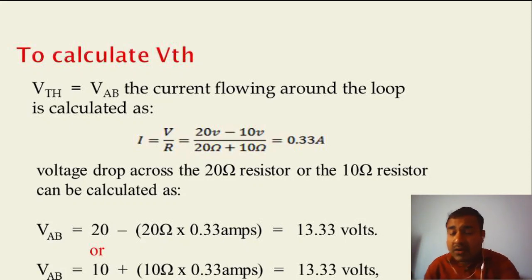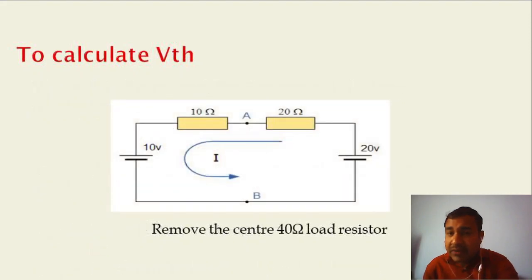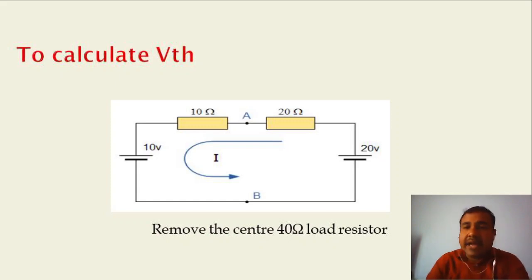Now the voltage across AB, so I need to find the voltage from point A to point B. Here you can follow two methods. Either you can apply KVL forming a loop from the 20 volt source, 20 ohm resistance and AB terminals, or you can apply KVL to the other loop, the 10 volt source, 10 ohm resistance and terminals AB.